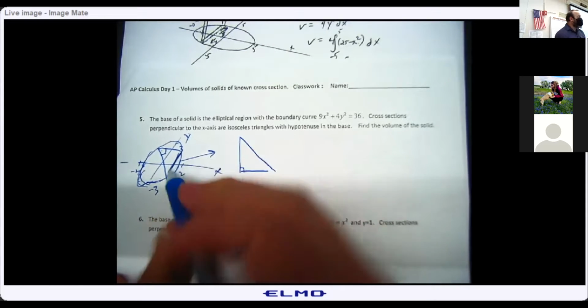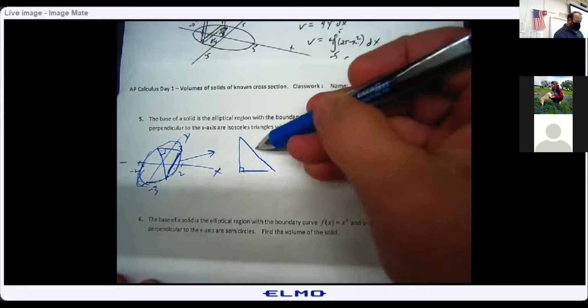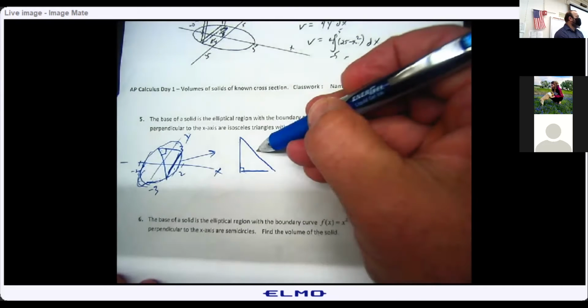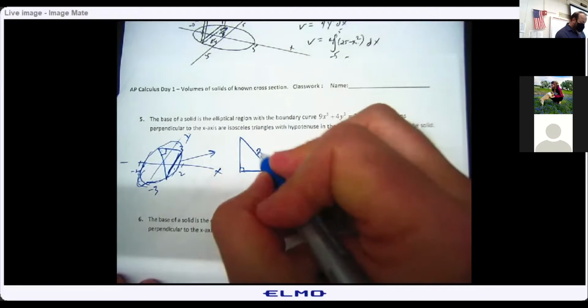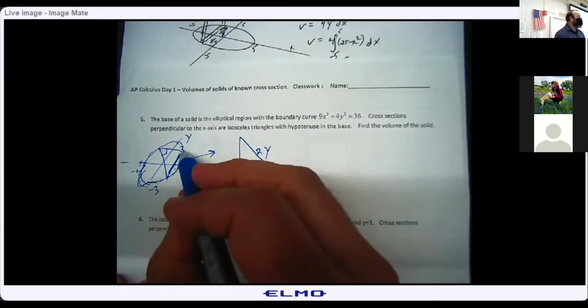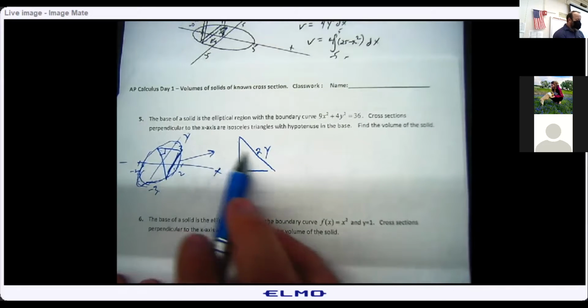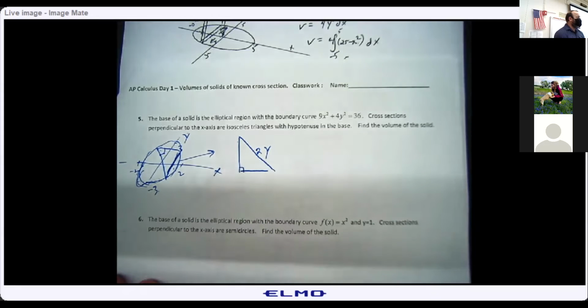According to the triangle, what is that? Isn't that the hypotenuse? So what does that make this right here? It makes that right there 2y, because from here to here was y, here to here is y. In an isosceles right triangle, this is a 45, 45, 90.